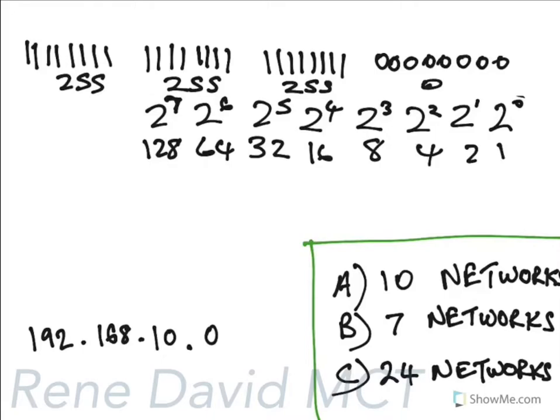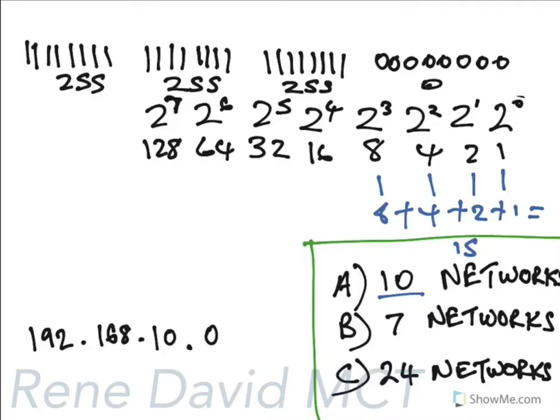All right, so the first one is 10 networks. Let's have a look at how many bits we need to get to 10. 1, 2, 3 takes us to 7. 4 plus 2 plus 1, not enough, so we need to go 1 more bit, which is 8. 8 plus 4 plus 2 plus 1 is equal to 15. All right, that's more than enough for our 10 networks, so that works.